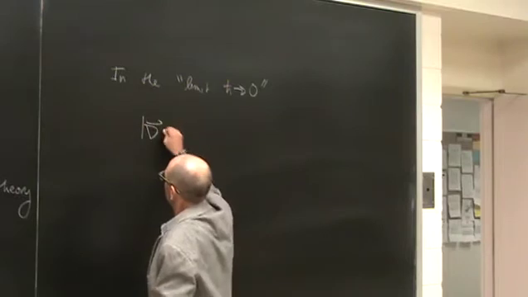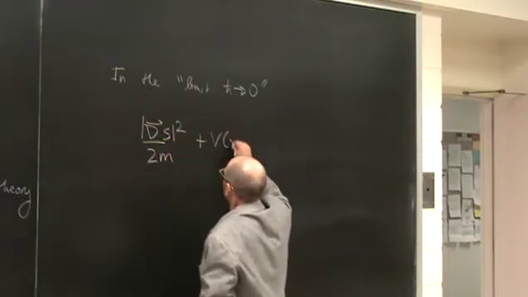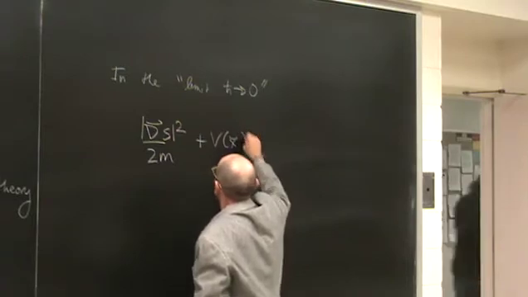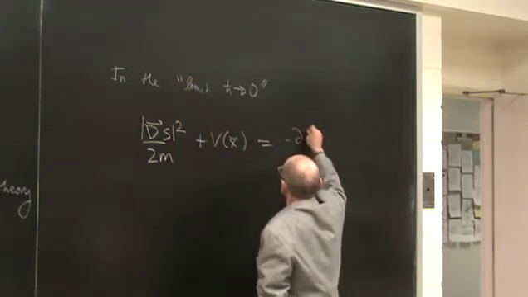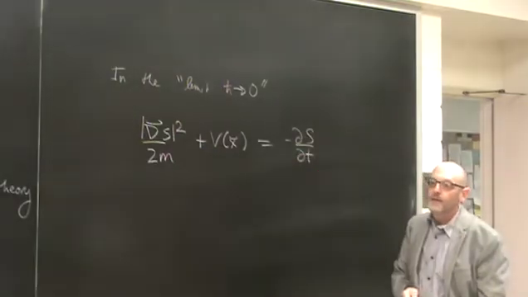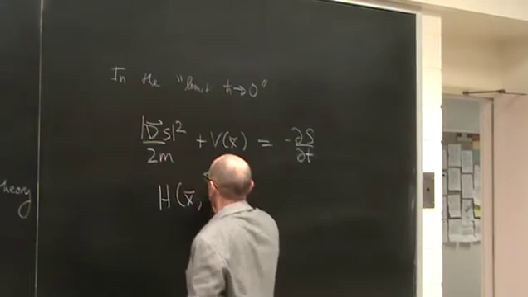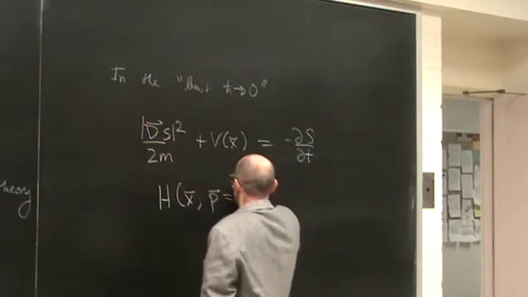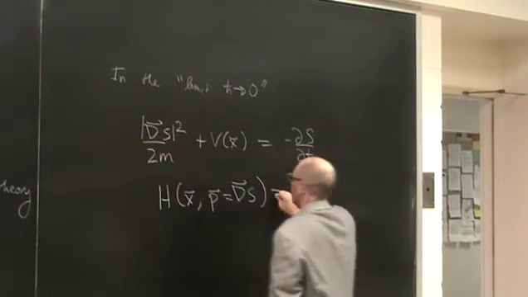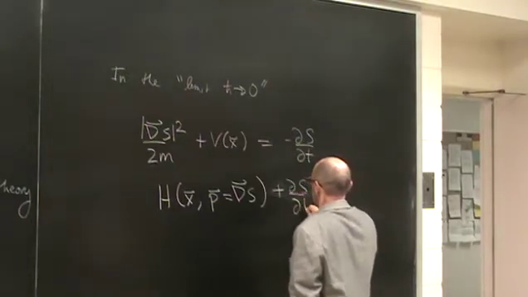That equation is this, which is saying the Hamiltonian evaluated at x and p, where p is the gradient of S, plus dS/dt is 0.